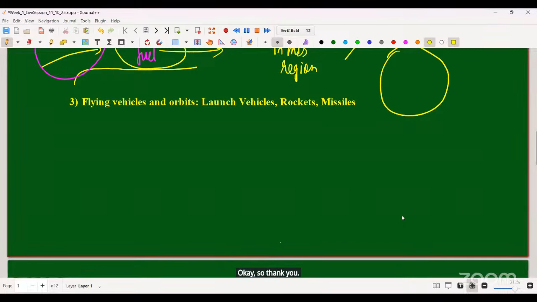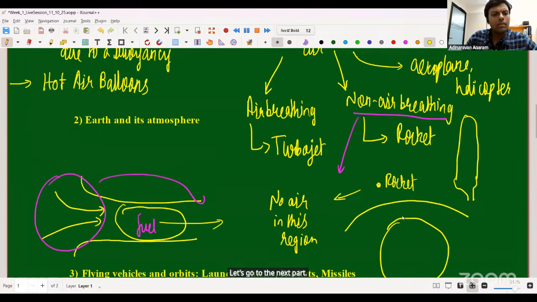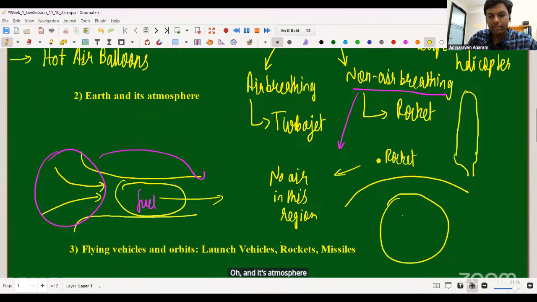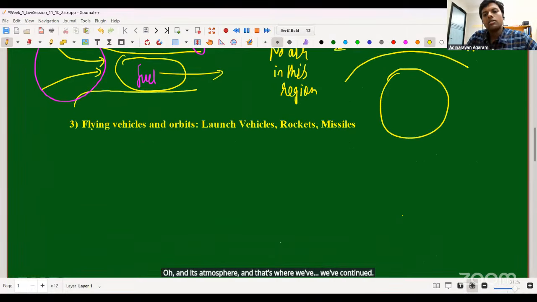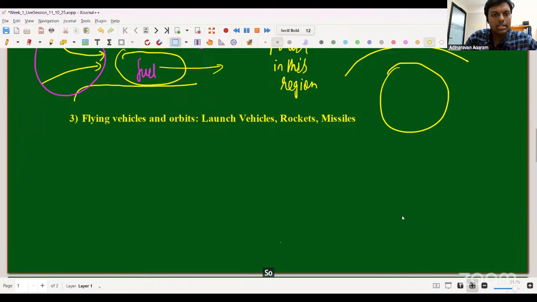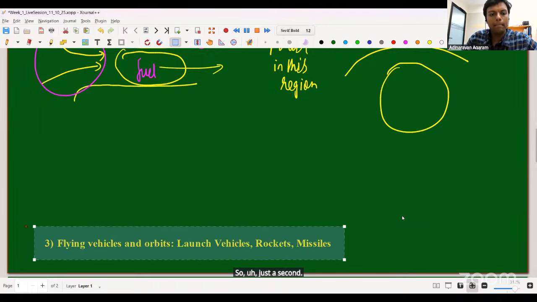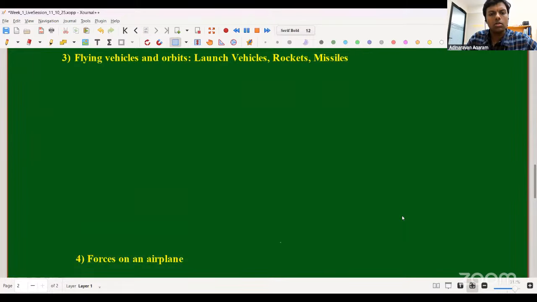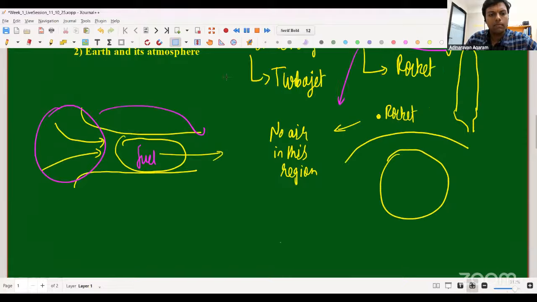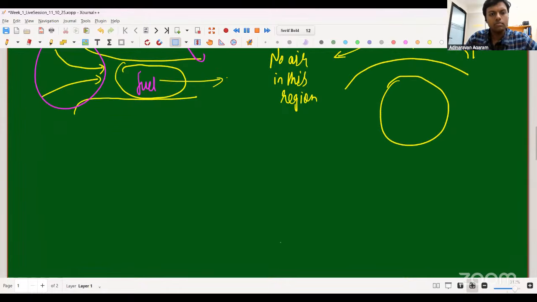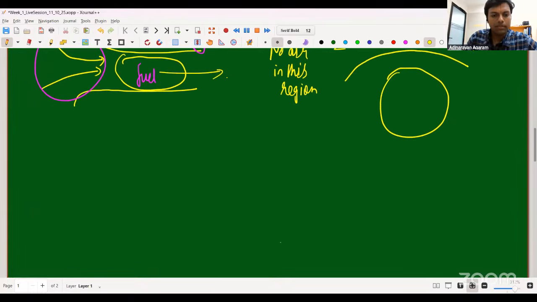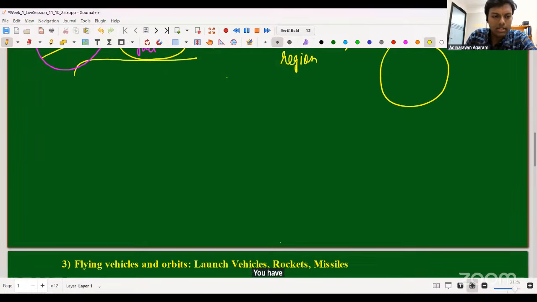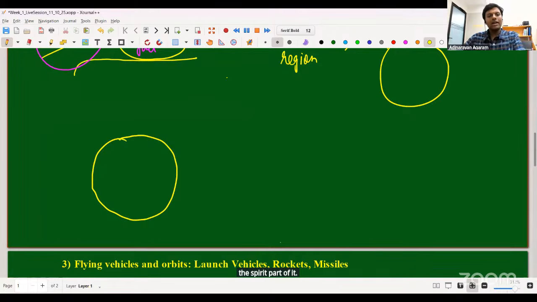Let's go to the next part, Earth and its atmosphere, which is where we've continued. You have your Earth, the sphere part of it, and then you have your atmosphere finally ending somewhere here.